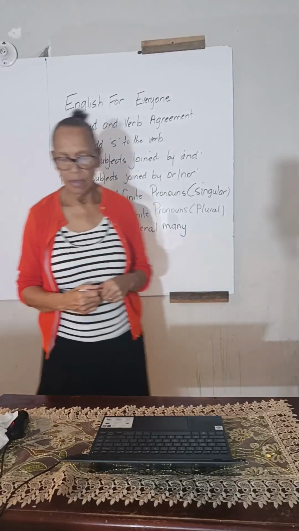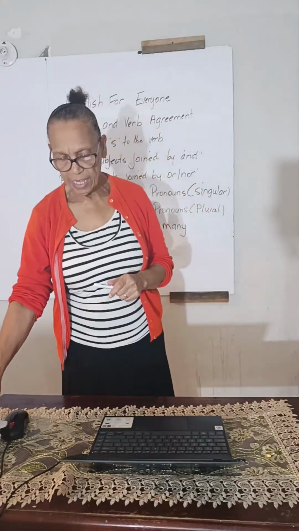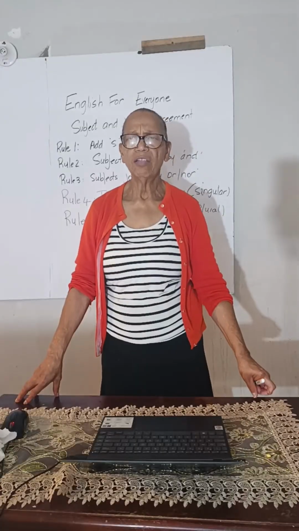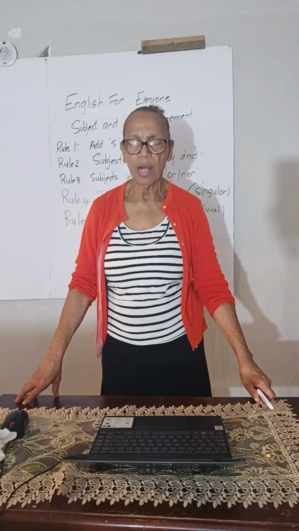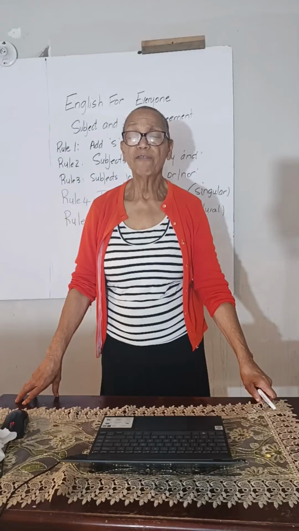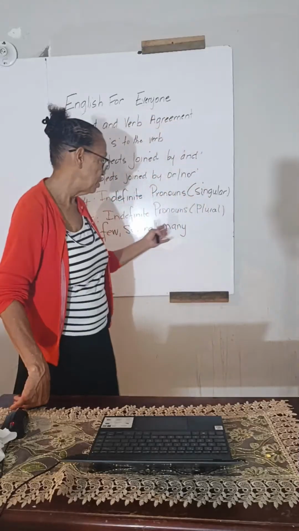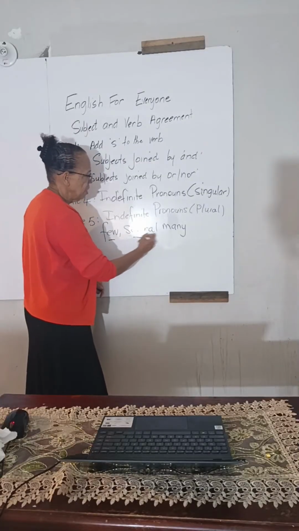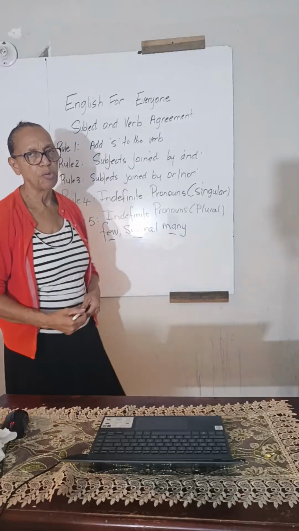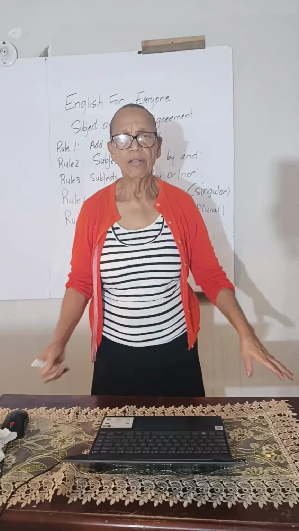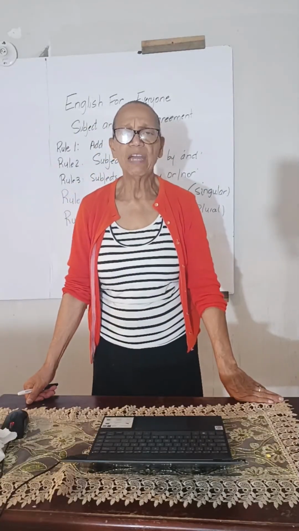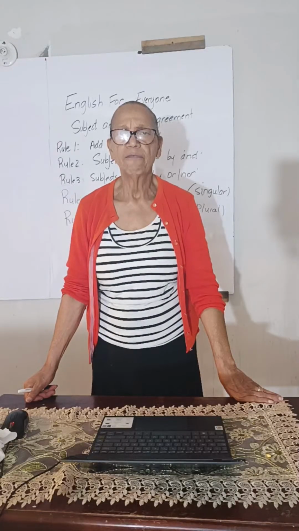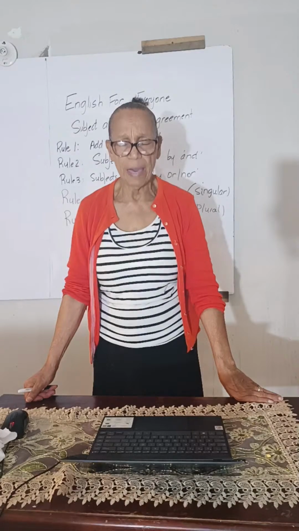Sometimes these can pose a little challenge. They are considered indefinite pronouns as well. But if we have to use these three, the few, the several, and the many, we stick with the plural. So these are also called indefinite pronouns, but we use the plural verbs to go with them.